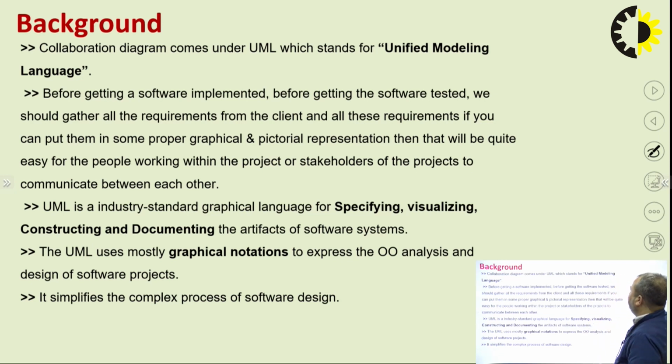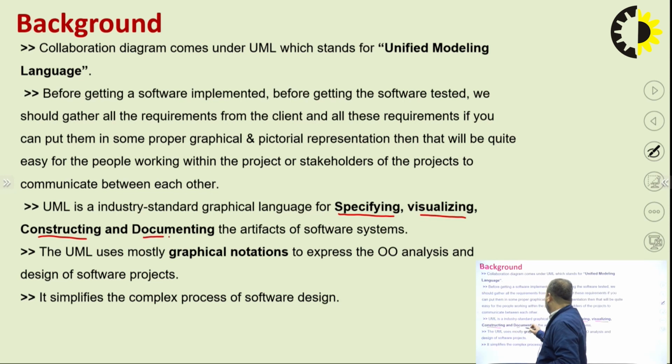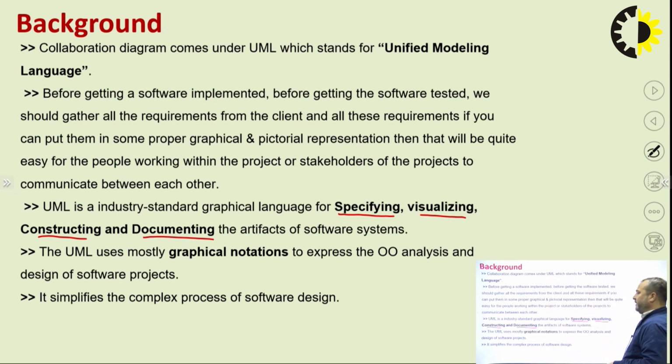Before getting a software implemented, before getting the software tested, we should gather all the requirements from the client. If you can put all these requirements in some proper graphical and pictorial representation, then it will be quite easy for the people working within the project, or even a stakeholder of the project, to communicate with each other. So UML is an industry standard graphical language for specifying, visualizing, constructing and even documenting the artifacts of a software system.